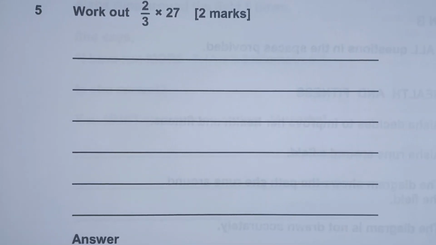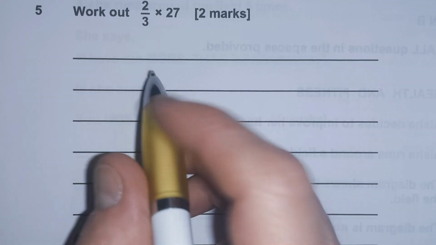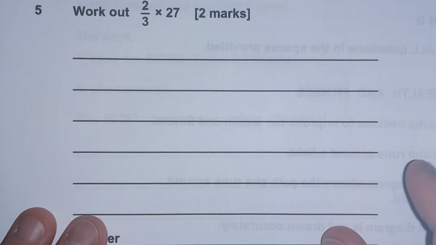Okay. Question 5. Work out 2/3 times 27. Times means the same as of, so 2/3 of 27. So we can think, well, let's work out what 1/3 of 27 would be first of all. So let's go with 27 divided by 3.